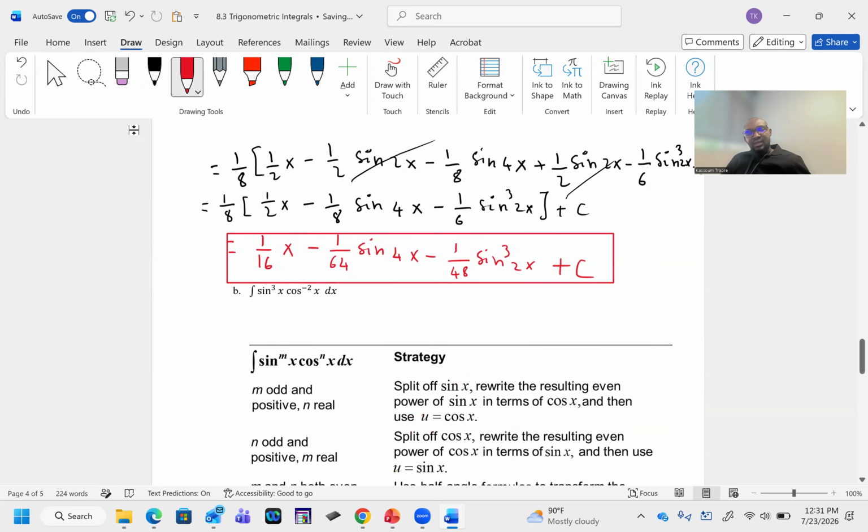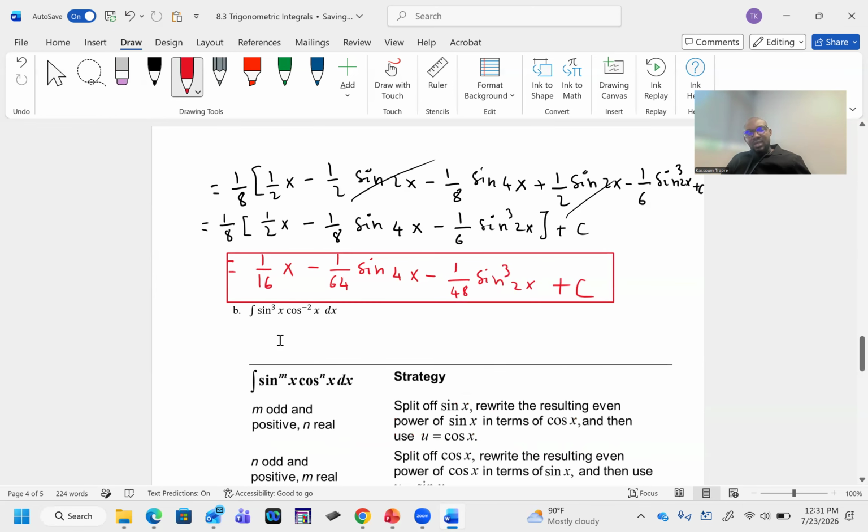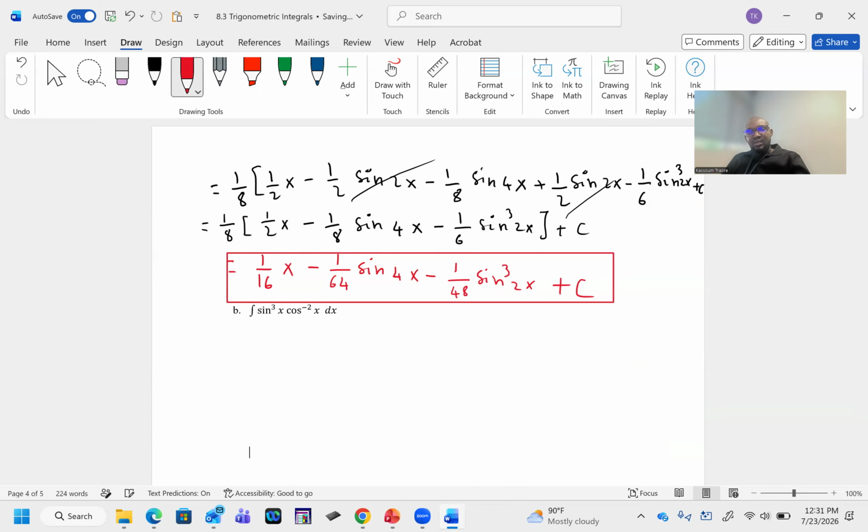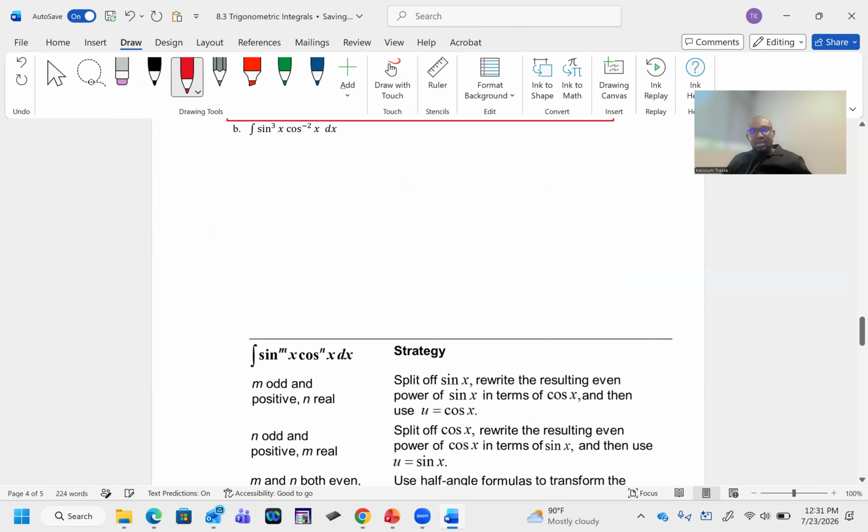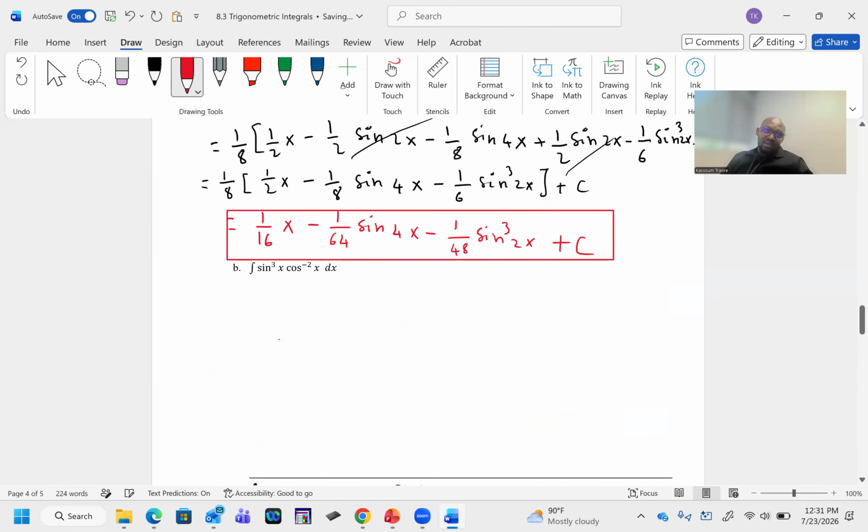Then next, we have to find b, which is sine cube x times cosine to the power of -2 x dx.